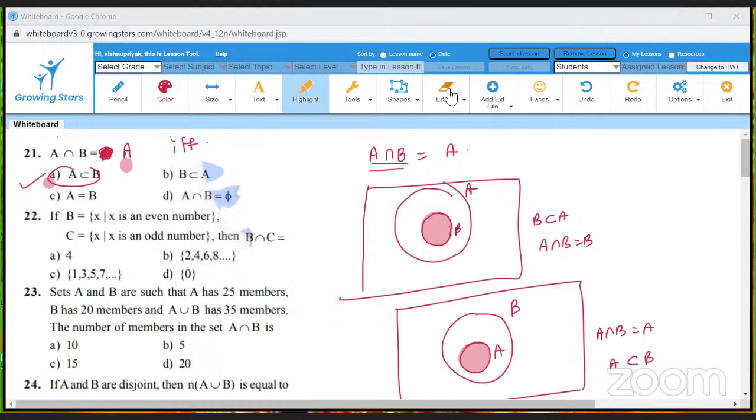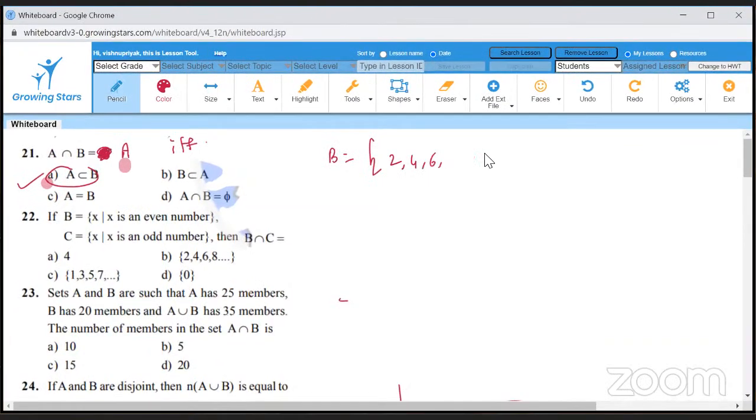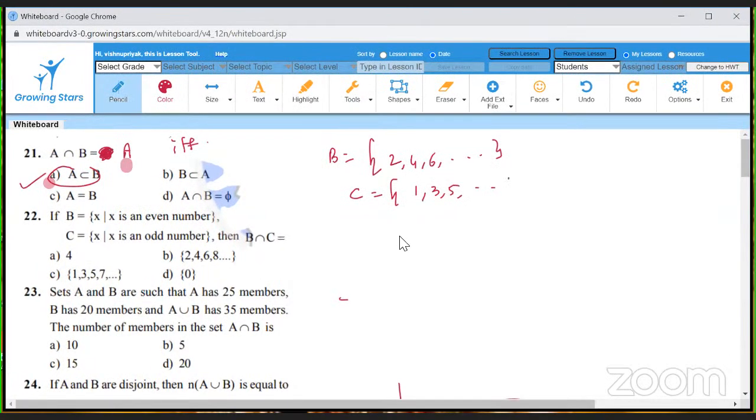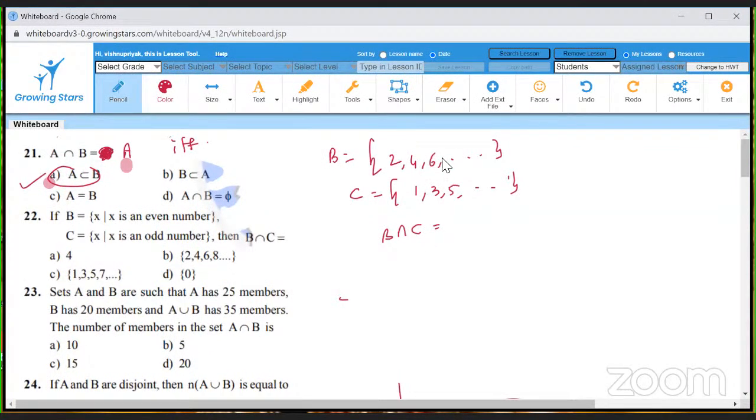Coming to 22. P is the set of even numbers, 2, 4, 6 containing. C is the set of odd numbers, 1, 3, 5 containing. B intersection C, the common in both, what it will be?